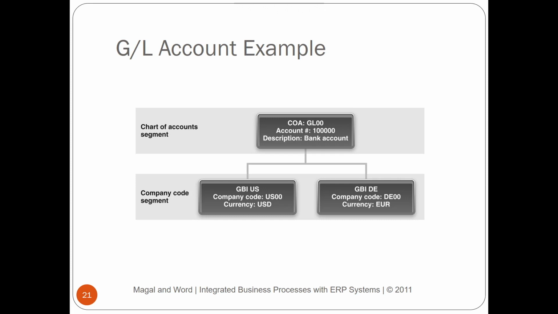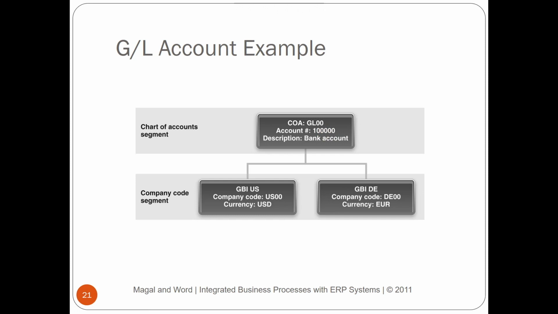This photo shows a general ledger account example. It shows the two segments of the GBI bank account. The chart of accounts segment indicates that the bank account number 100000 is a part of the GL chart of accounts, COA.